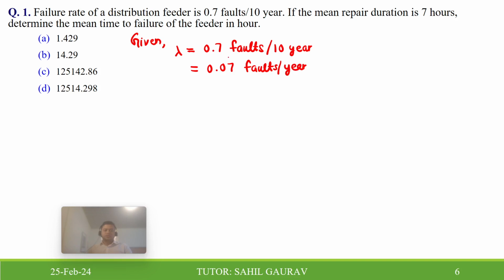So the mean failure rate is 0.07 faults per year, and the mean repair duration, that is mean time to repair, is represented by R bar. So rate is given by lambda and mu, and mean time duration is given by m bar and R bar. Just remember this. The mean repair duration is given as 7 hours.